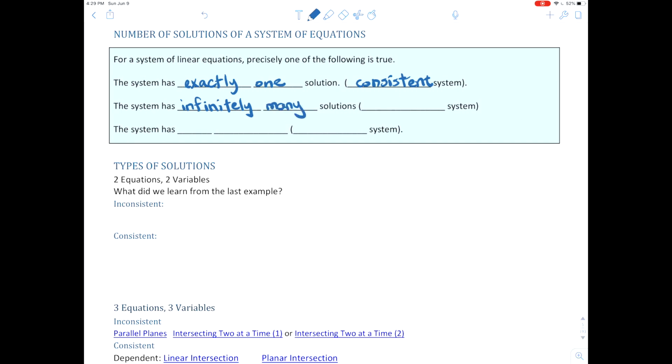And this is a consistent system because it has infinitely many points of intersection. This system could have no solution. And this type has the parallel lines, planes that never all intersect at one point in the plane, at least one point in the plane. So that would be an inconsistent system.